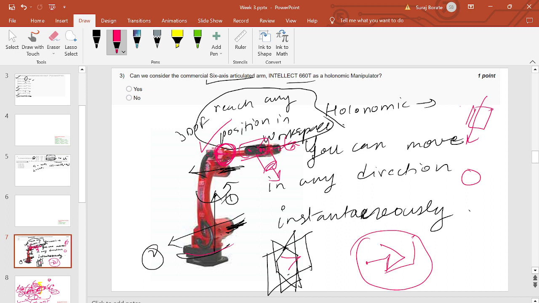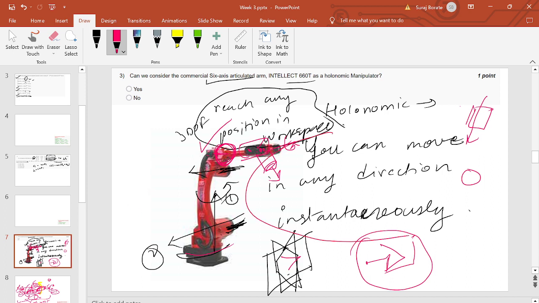You can reach any orientation using this wrist and any position using the initial three motors which we have seen. So this particular arm can simultaneously and instantaneously move in any direction, right?